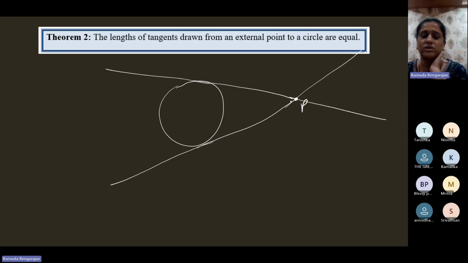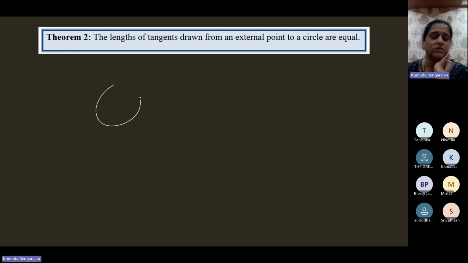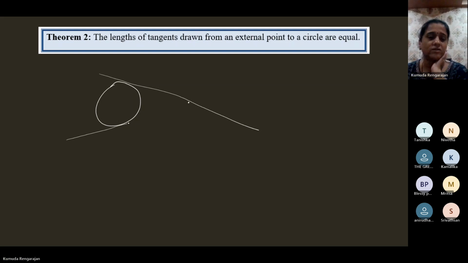They're lines, so you can just produce them.